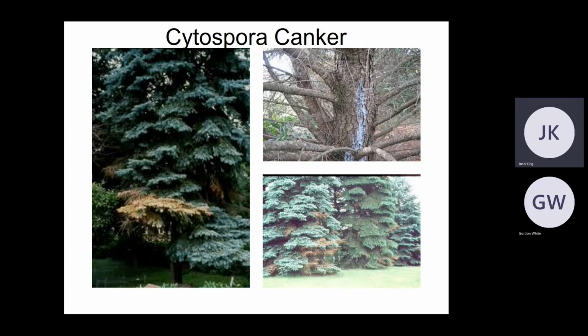And if upon further inspection you see sap oozing out of the branch or the trunk, heaven forbid, because that's a more serious situation. And here it is in the trunk. This whitish, bluish sort of look to the sap is an indication that it's cytospora canker. And yes, left unchecked, it can kill a tree.